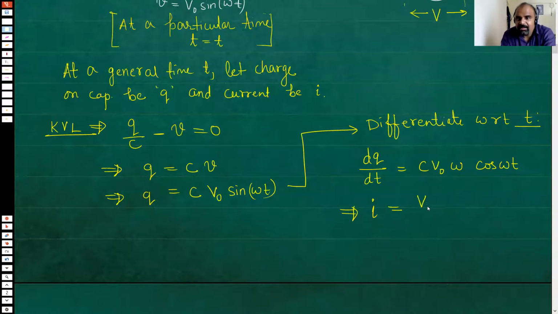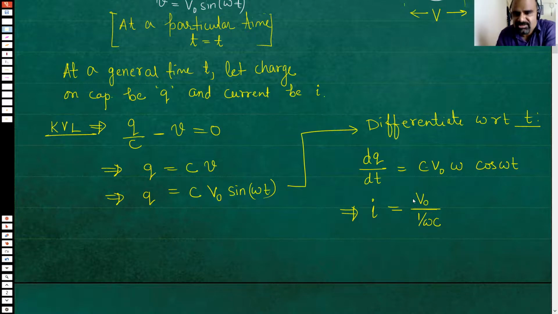But listen, here we will do a manipulation. Please just focus on this manipulation. This omega C is there in the numerator. I want to bring it in the denominator. Can I write it like this? Of course. Now, why am I writing it like this?